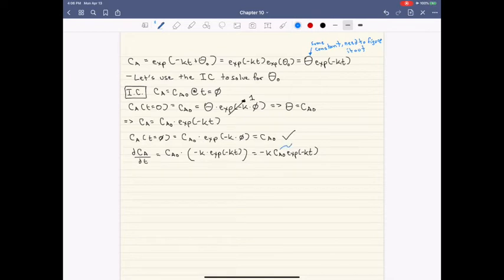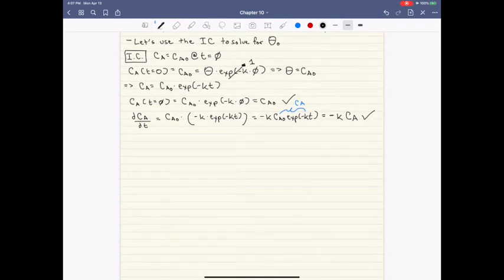And we know that this product of Ca naught times the exponential of negative kt is just what we derived for Ca. So in the end, what we get is negative k times Ca. And that is the differential equation that we started with. So our equation also satisfies that statement. So we could have some confidence that the concentration equation that we derived here is accurate.